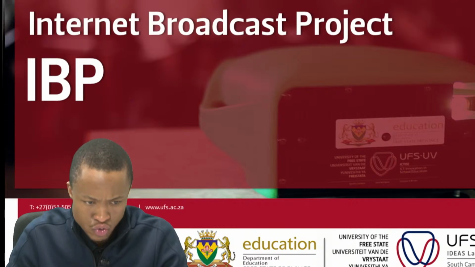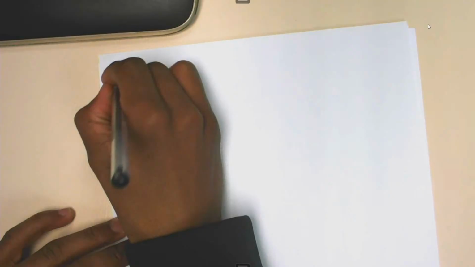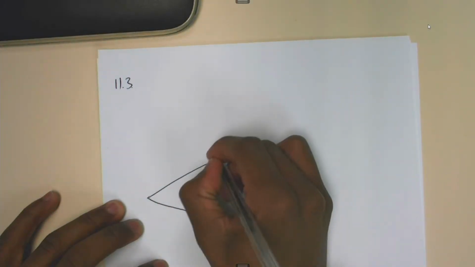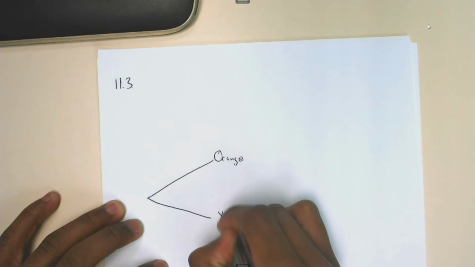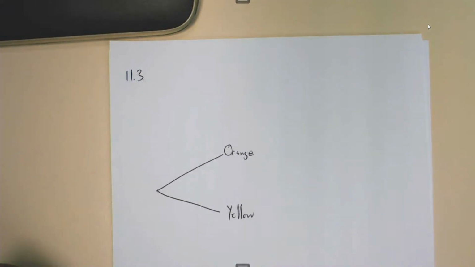So in a nutshell, what they want us to do here is to calculate the number of orange balls that are in the bag. Well, how do we construct this tree diagram? Notice we have orange and yellow balls. That means the structure of our tree diagram here for 11.3 starts with, you can either choose an orange or a yellow ball. That represents the first event, when Craig chooses at random a ball in the bag.